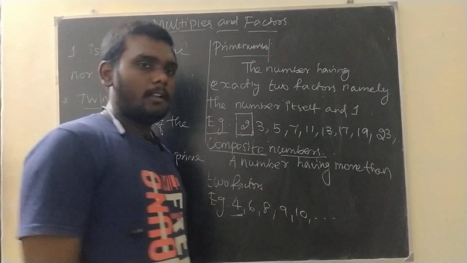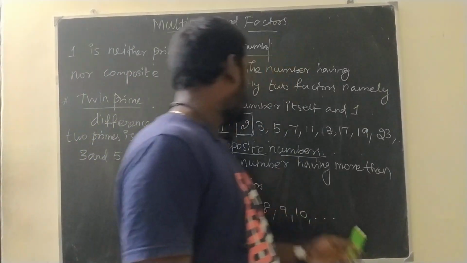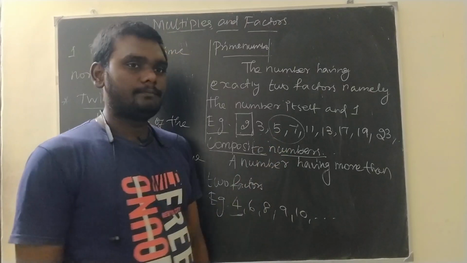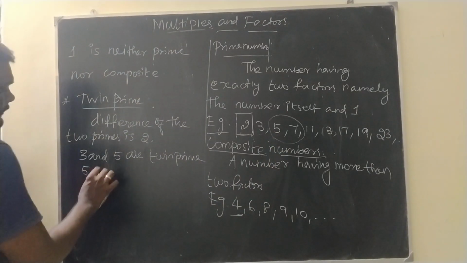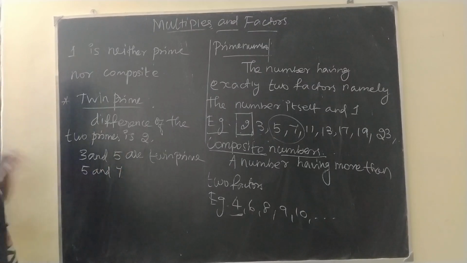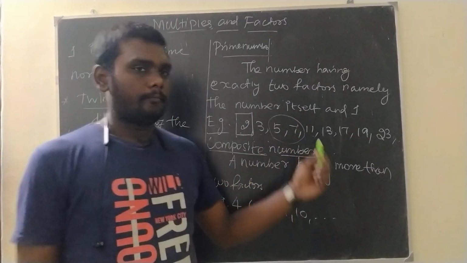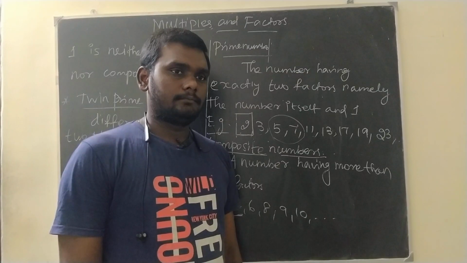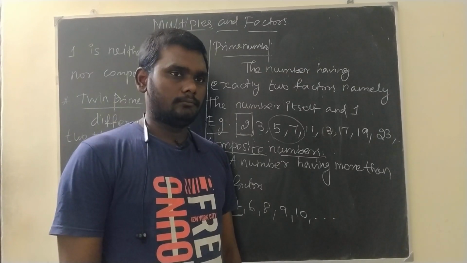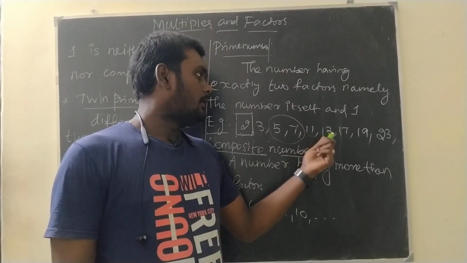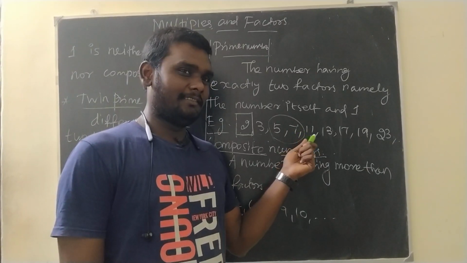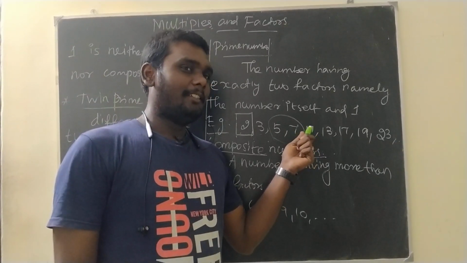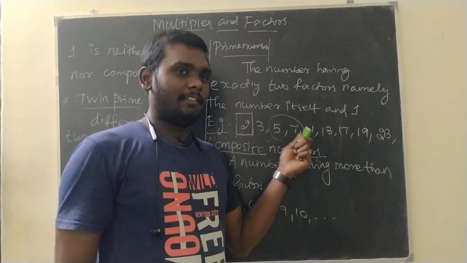Difference is 2 means that is called twin prime. Now, 5 and 7, shall we say? Yes. 7 and 11 will not come. In your country, 7-11 is a store. No, it is not a twin prime.